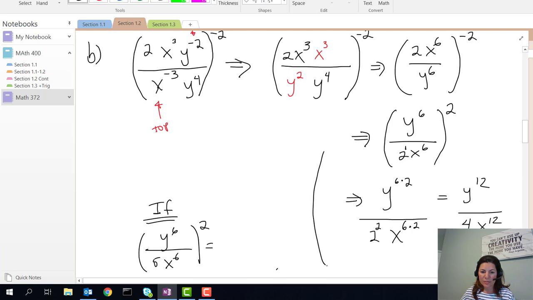Then this would have been y to the 12 over 5 squared x to the 12. So when you distribute the exponent, the constant there has an exponent of 1. And so you take that exponent to all of them. So to that one, to the exponent there, and to the exponent there. So I always distribute the exponent. So be careful not to say 10, right? It's 5 squared. Alright, the second part of this video will be dealing with radicals.